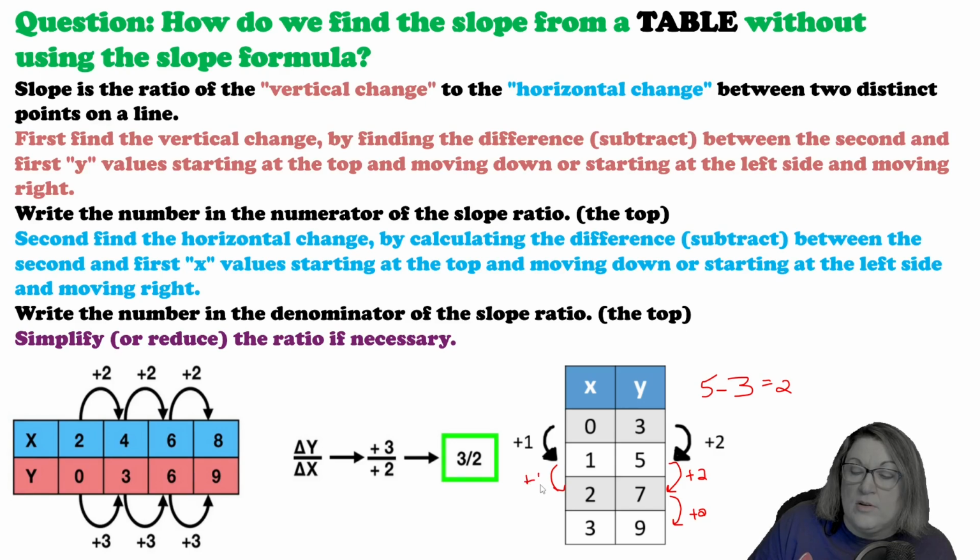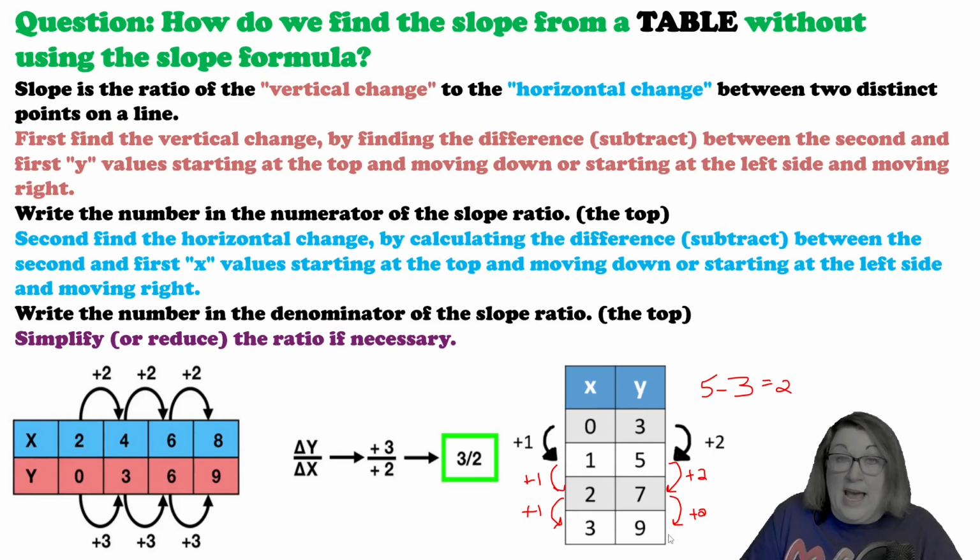Sometimes, to get from the first to the second y or x, you'll have to subtract and not add, and that would make a negative sometimes, so be careful of that. So this one would be 2, our change in the y values, the vertical distance, over 1. And 2 over 1 is just 2, right? So our slope is 2.